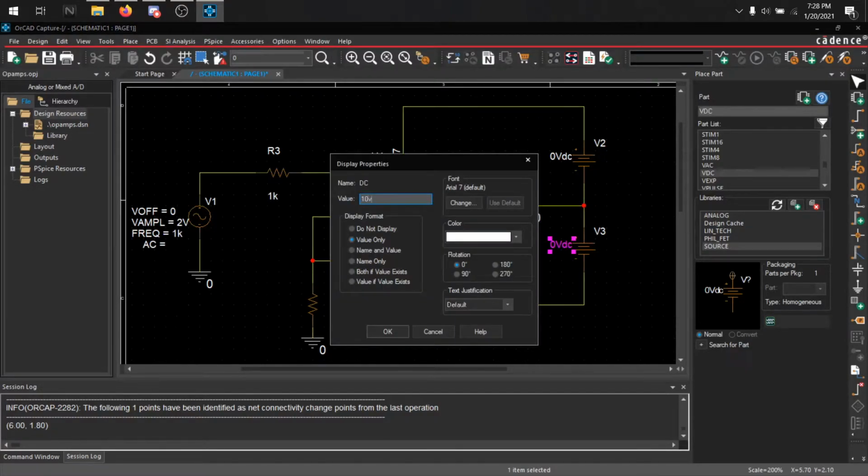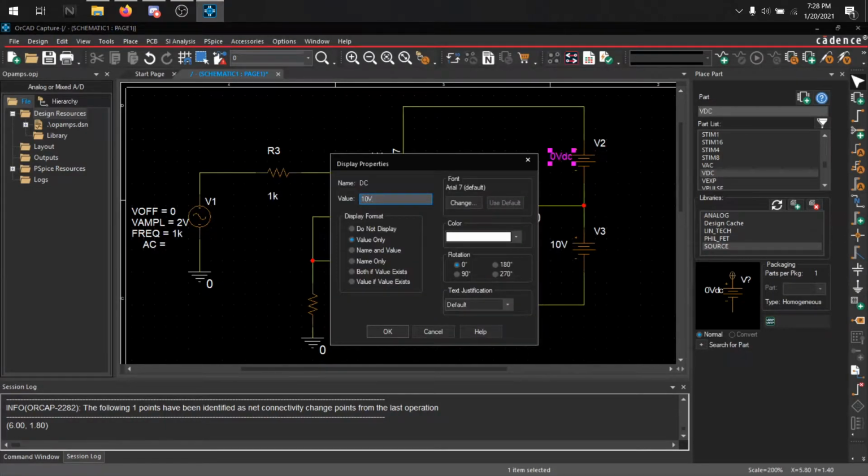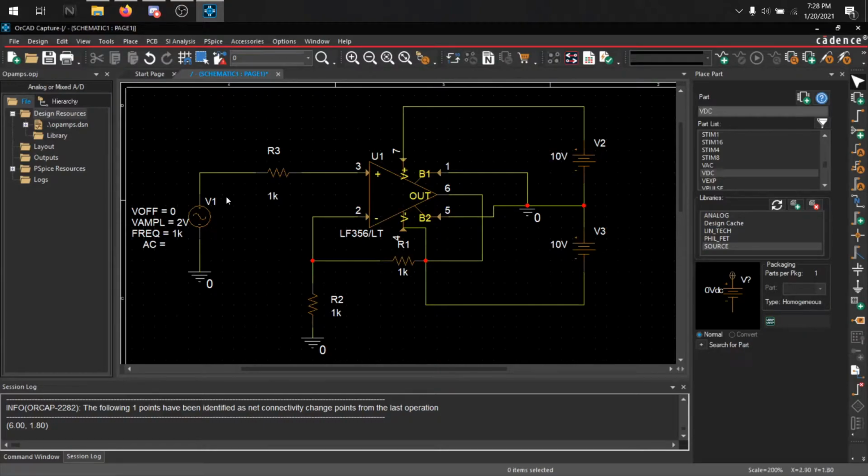I think 10 volts is good enough for this. All right, so we want these to be equal, right? Let me get my calculator out.